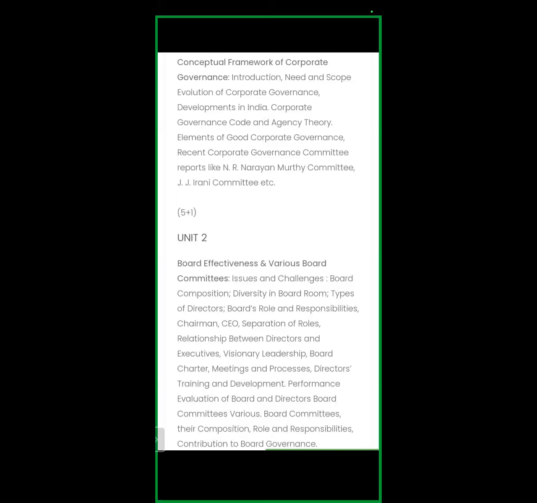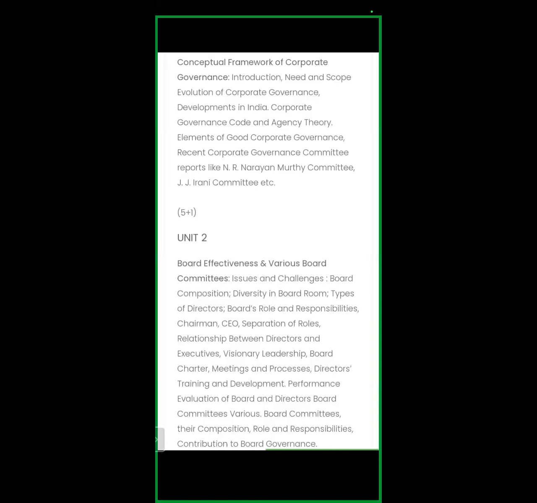The company should have certain roles to be performed, certain responsibilities, certain accountabilities. So all these things are mentioned in the report which was prepared by Mr. Cadbury.